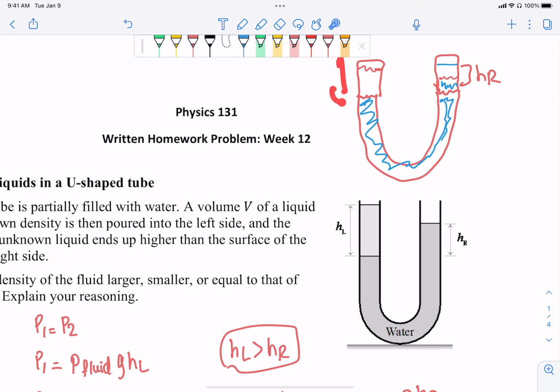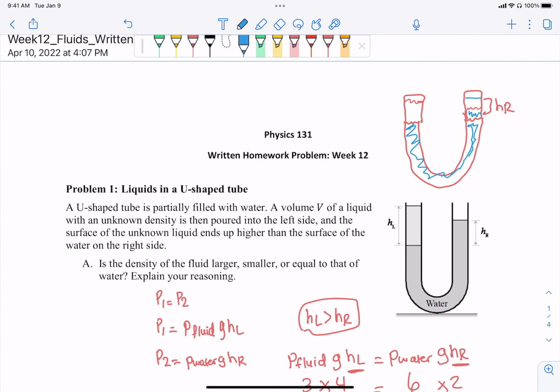So if I put a lot of pressure here, if I add something that's really dense, it's going to push it up farther, basically. But if I add something that's less dense, right, it'll still push it up, but by a lesser amount. So the height on the right would decrease.